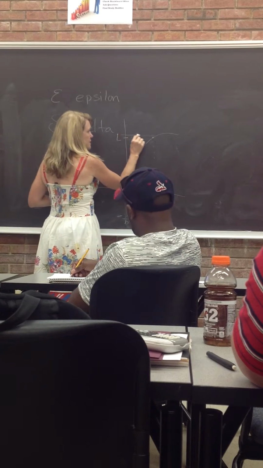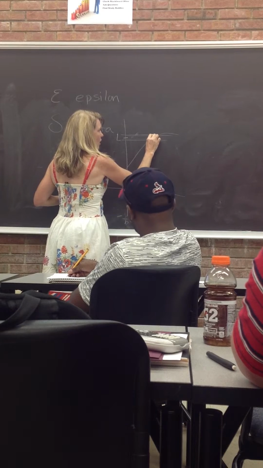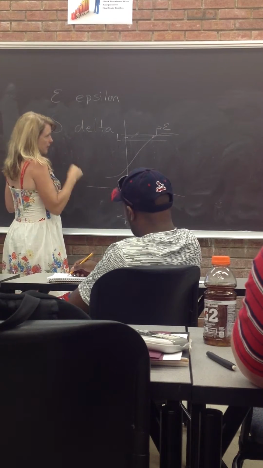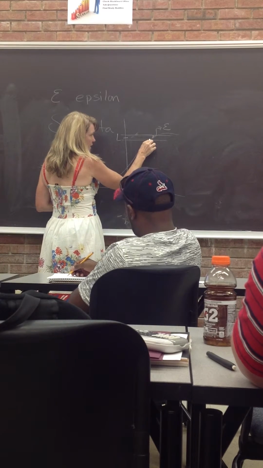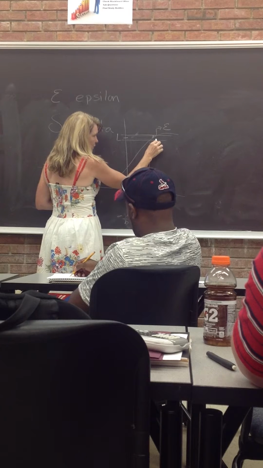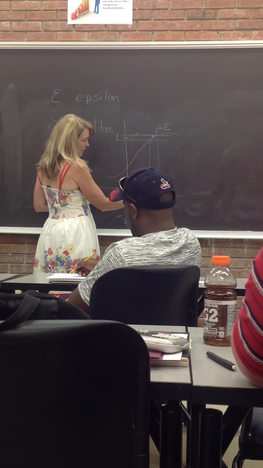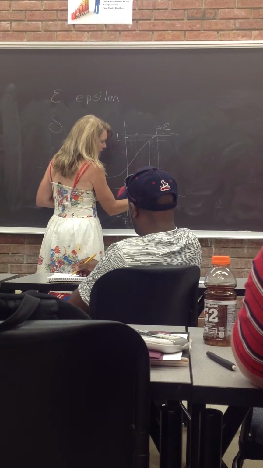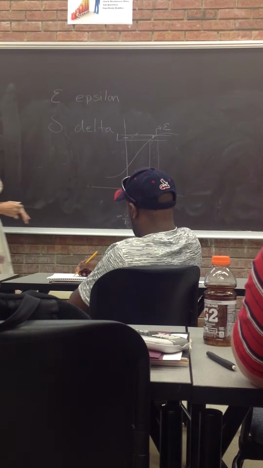So if you set some tolerance around the limit, we're going to call that tolerance epsilon. And then associated with that would be some little window around the special x value that gets denoted as A, and the tolerance around the special x value we're going to call delta.